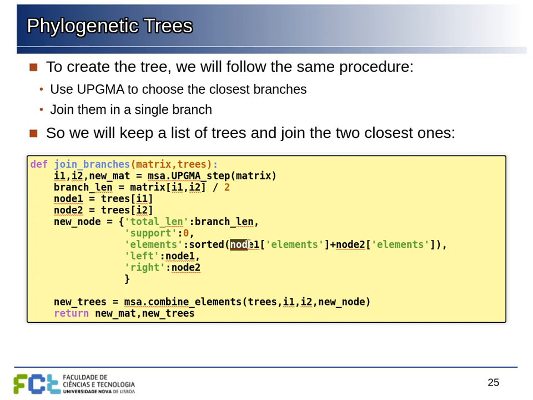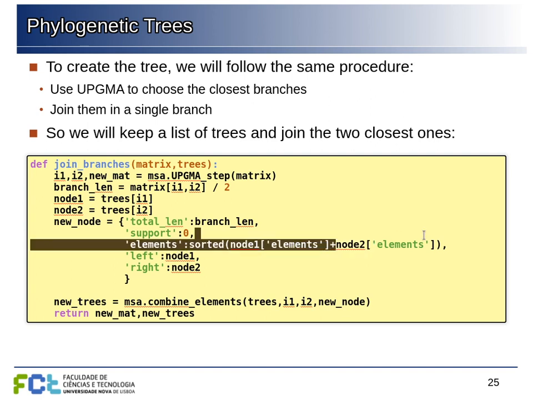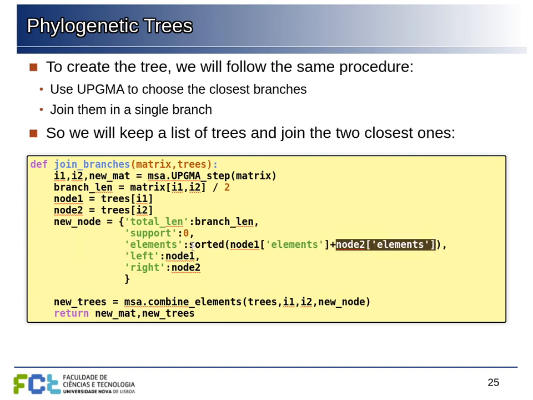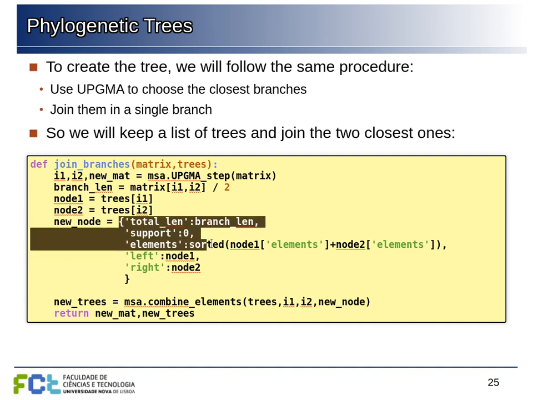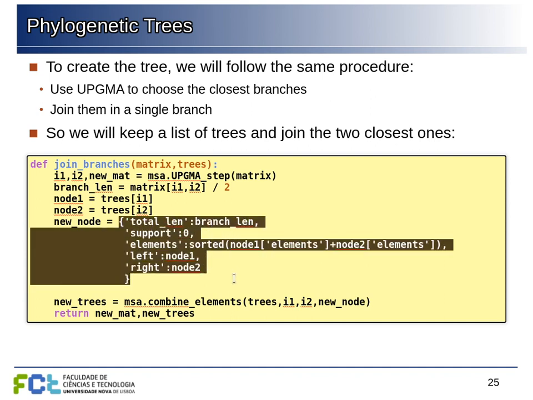So to do this, we're going to add the list of elements that we have in one of the nodes to the list of elements in the other node. And then we're going to sort everything. So this sorted function returns a list with all of these elements sorted. And the reason we're going to do this is that now it's very simple to check which species are falling below this branch, so in this subtree here.